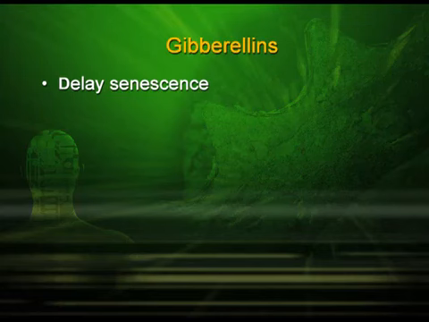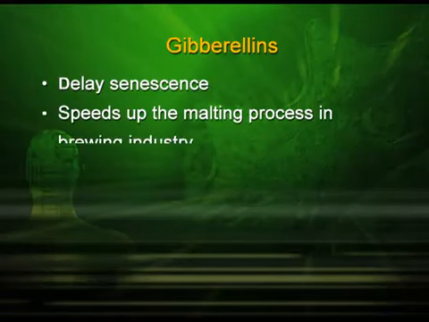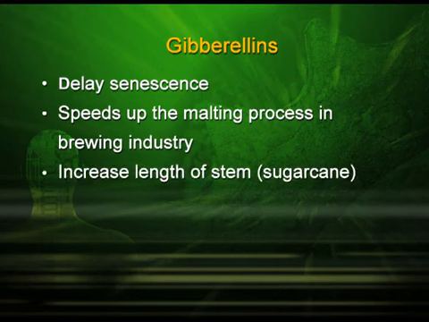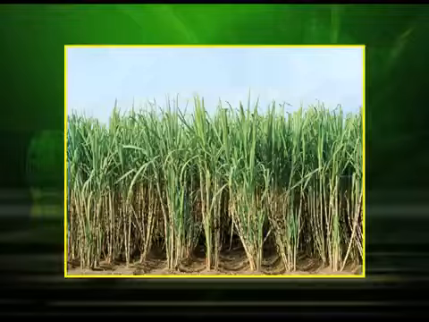It delays senescence, so dying of the plant tissue is delayed by gibberellin. It speeds up the malting process in the brewing industry, which is a very important phenomenon, and increases the length of stem in sugar cane. By increasing the length of sugar cane, we increase the output of sugar almost by 20%.